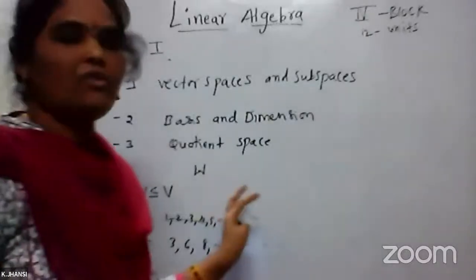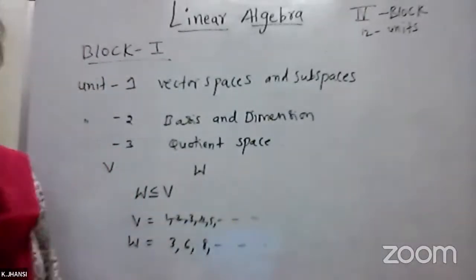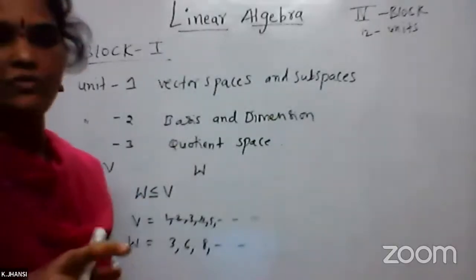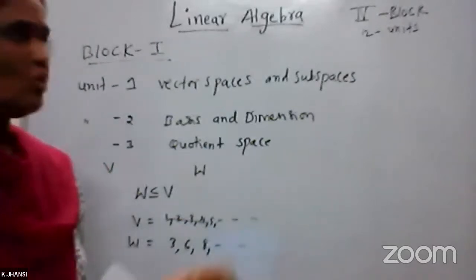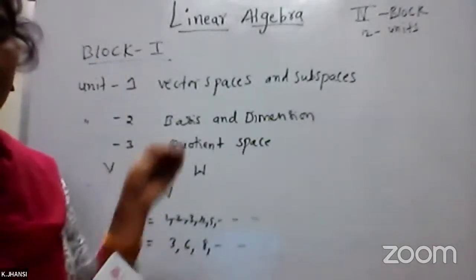So it is a lengthy process. That's why they have given one necessary and sufficient condition to show that W is a subspace. If 2 properties are satisfied, then we call W a subspace. No need of finding all the five properties.